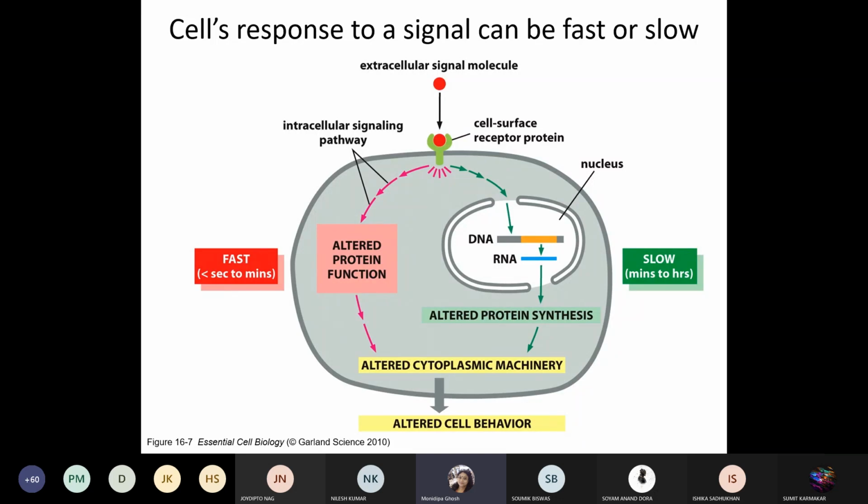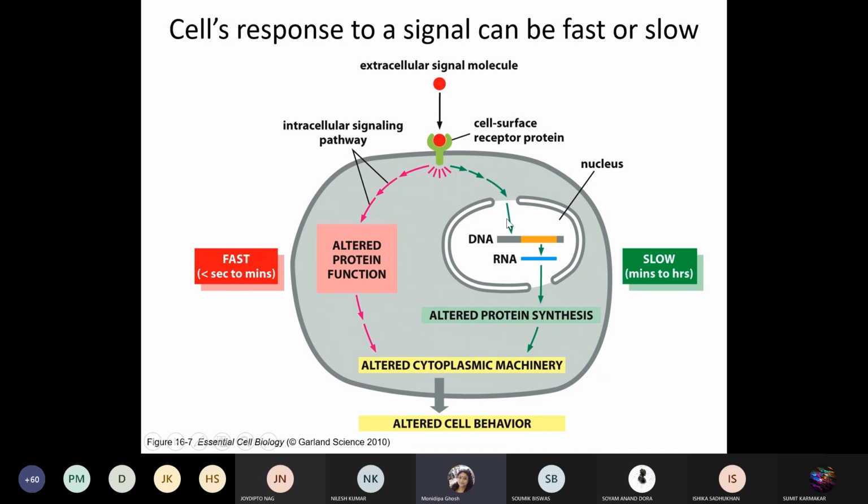And when there is a trigger, this extracellular signal molecule is the trigger, and the cell may have to release some new secretion to associate with its nearby cell surface receptor, or it has to be taken to a distantly located target cell through the blood capillary. Anything it has to perform, the alteration of the cell is needed to secrete something. So alteration of the cell means its triggering is done, and the altered protein functions like this.